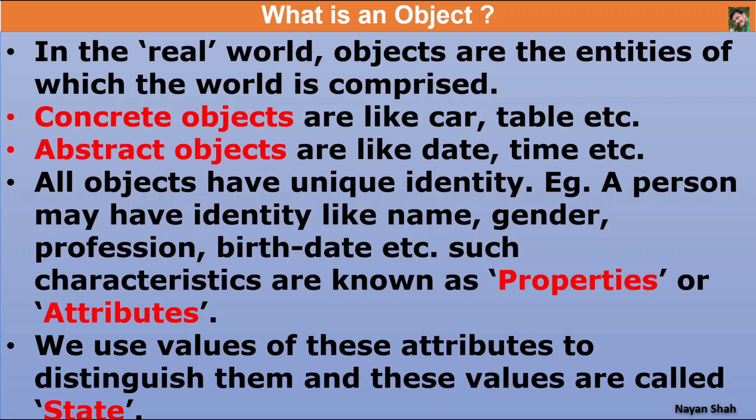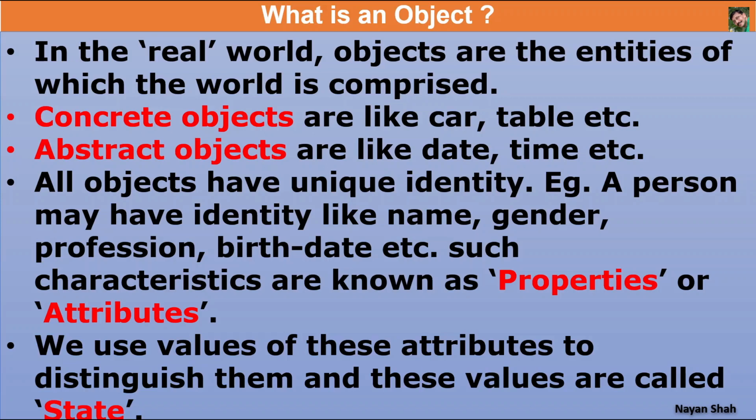Now this is something you need to remember. What are the properties of an object? The properties of the object are the things which give unique identity to that object. So that is called properties or attributes. What are the things that give unique identity to us? My name, my gender, my profession, my birth date, my address.